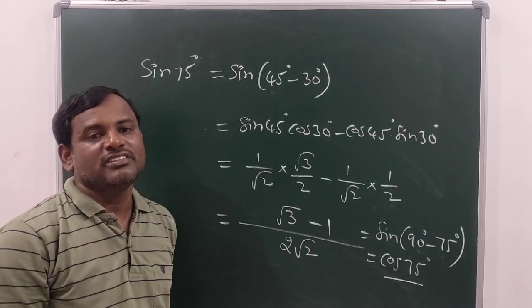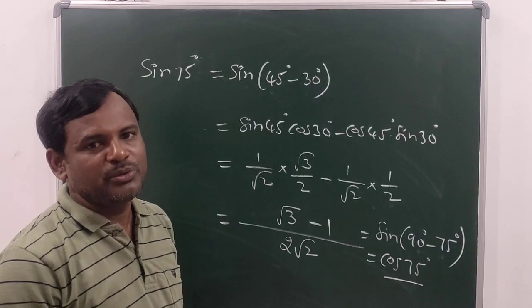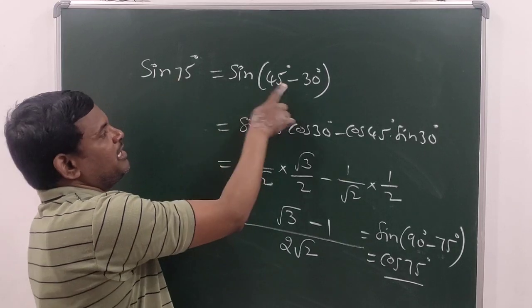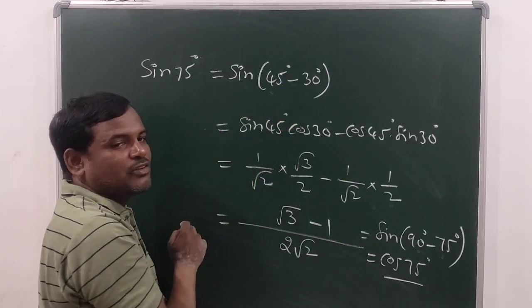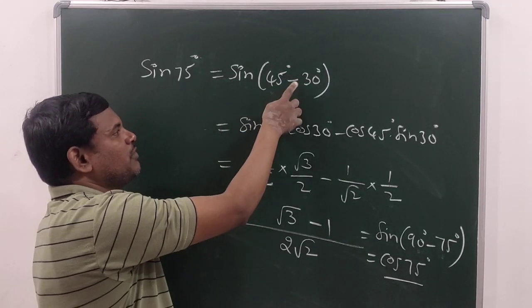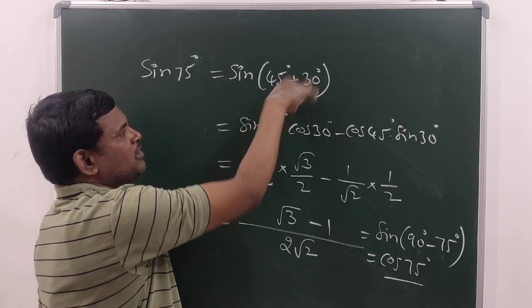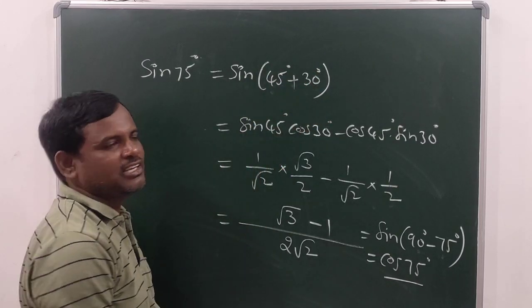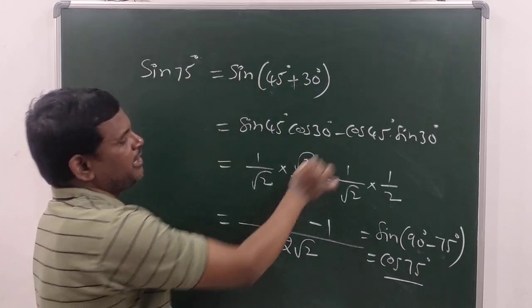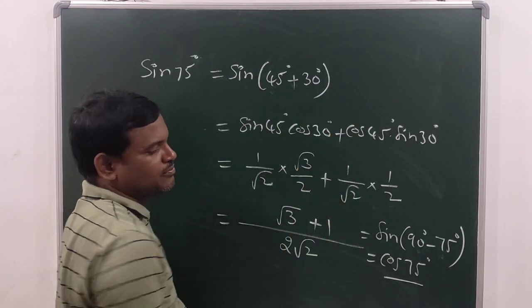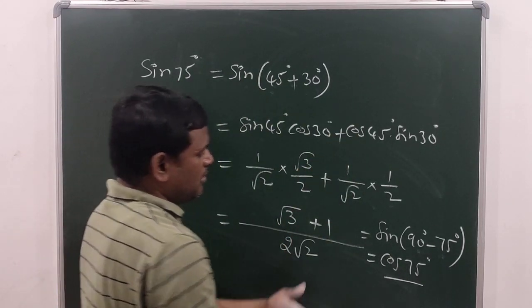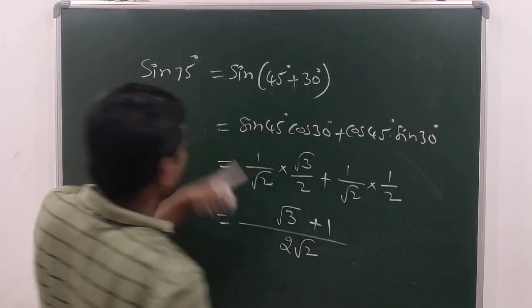Suppose if you require sine 75, then what do you do? In the previous case we have taken minus, now here we would like to add them. So 45 plus 30 is 75. Put plus here. Now sin 75 is how much?